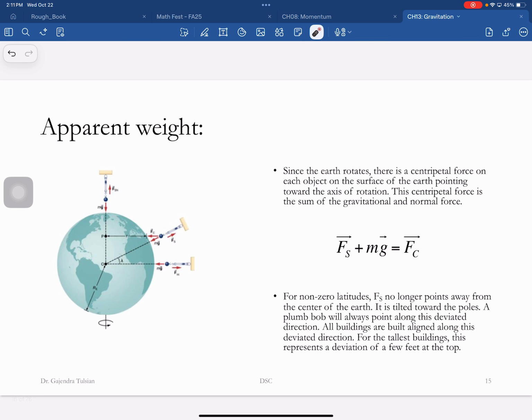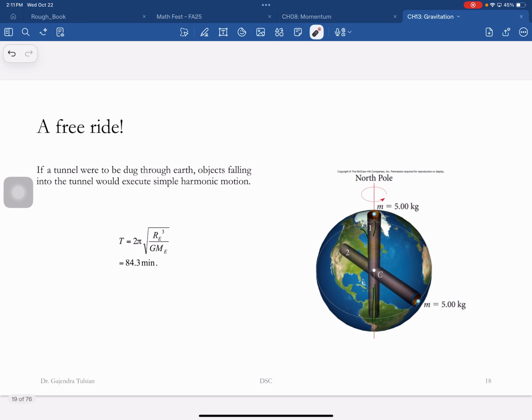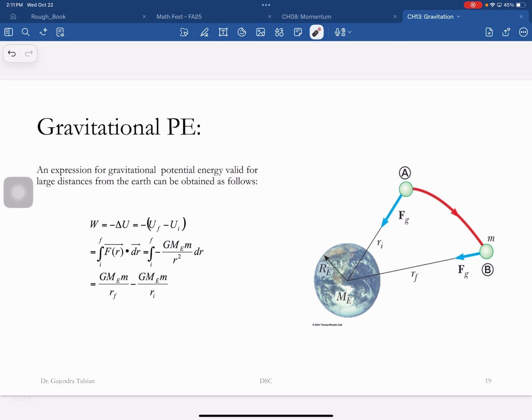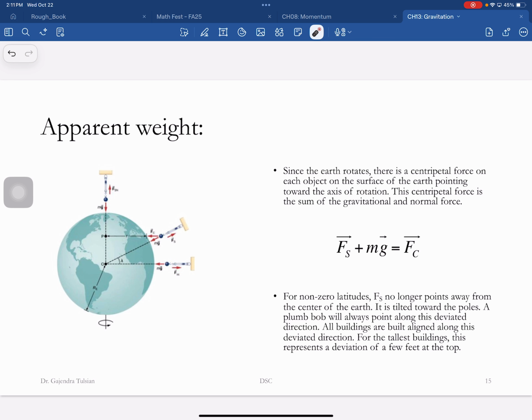Now here's another interesting fact. All right, so just a few more slides. When you're building a building, how do you make sure that it's straight up, and not crooked?